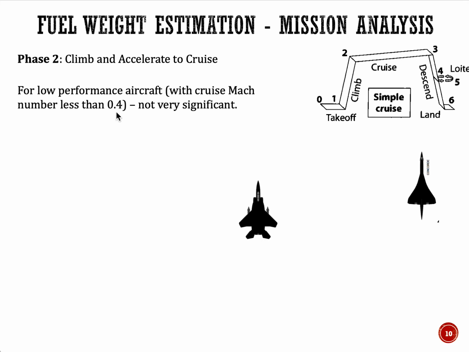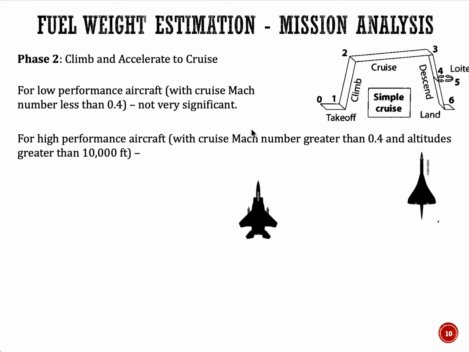So for low performance aircraft with a cruise Mach number of less than 0.4, that burn is not really significant, right? Maybe 0.99, 0.98. But for high performance aircraft, the way I define high performance here is with cruise Mach number greater than 0.4, which again, most aircraft except for general aviation do, right? They always have a cruise Mach number greater than 0.4, and altitudes greater than 10,000 feet.